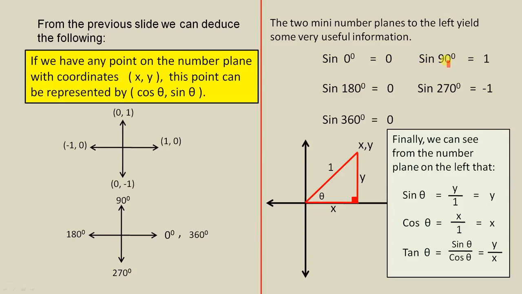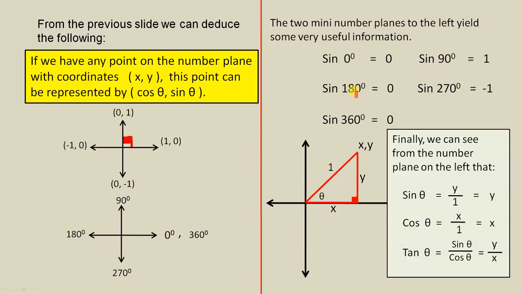The sine of 90 is 1. See, because there's 90 degrees there, and there's the y value, see? Because the point xy is cos theta, sine theta. So sine theta is the y value. So sine of 90 is 1, because 1 is the y value.